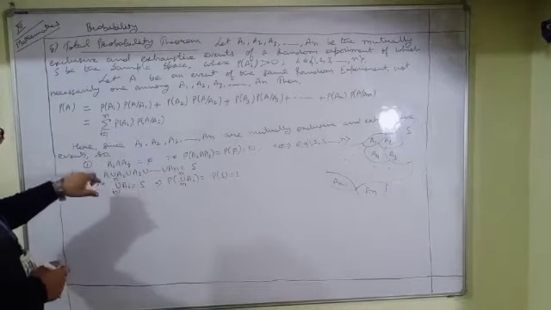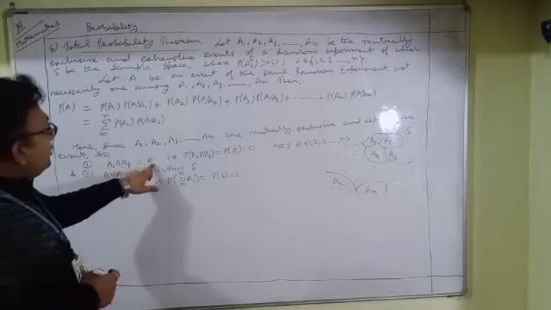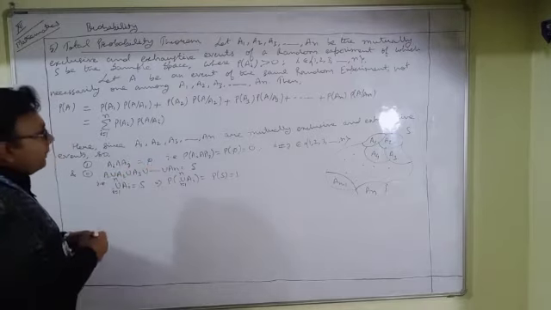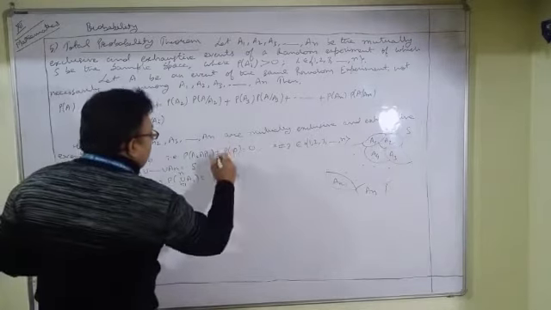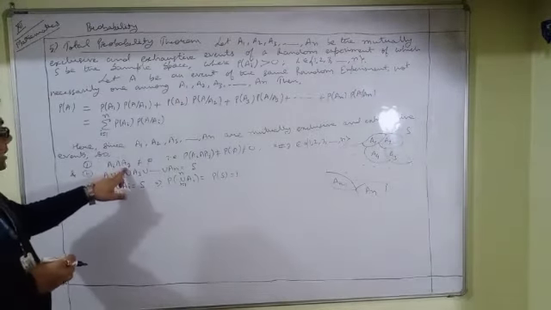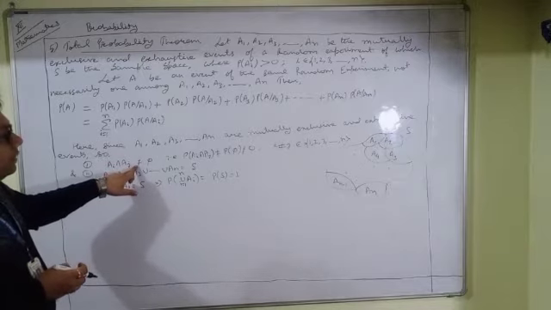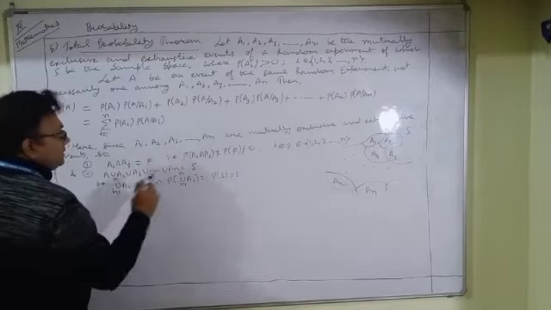It means that Ai intersection Aj should be equal to phi, for i not equal to j.